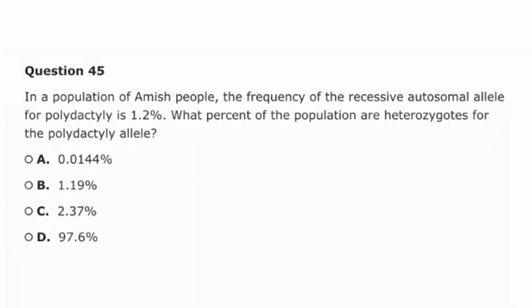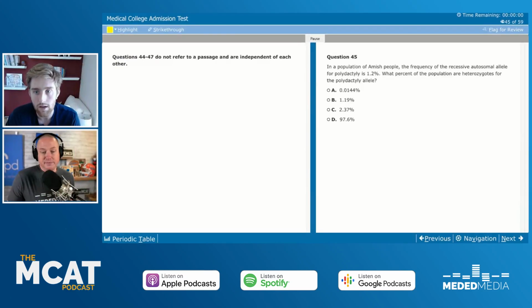For those who don't remember, it's A plus a equals 1, or sometimes P plus Q equals 1, and then the counterpart equation, P squared plus 2PQ plus Q squared equals 1. Which is actually the same equation as the first. It's just what you get if you square both sides.